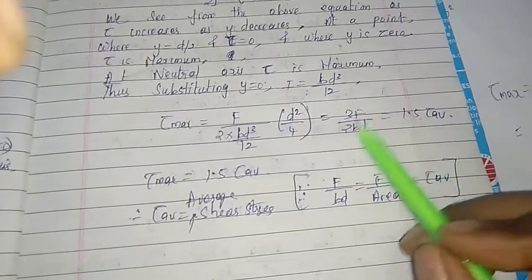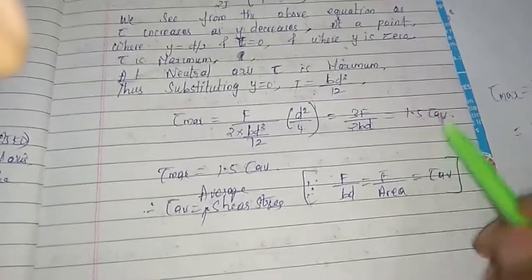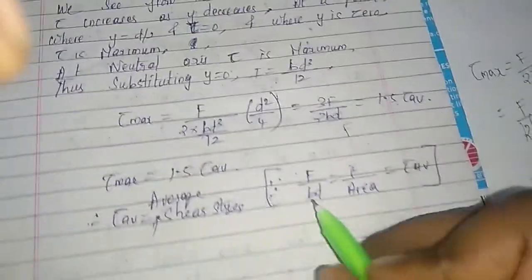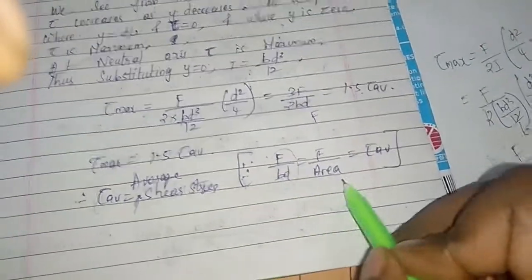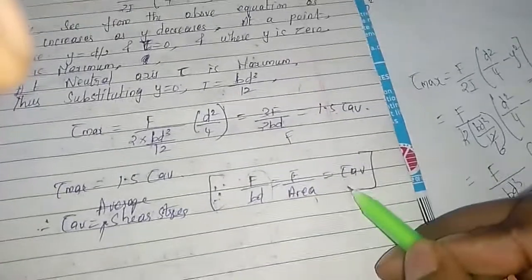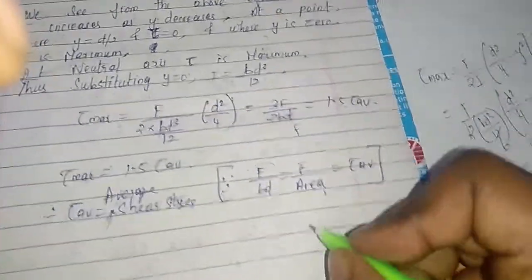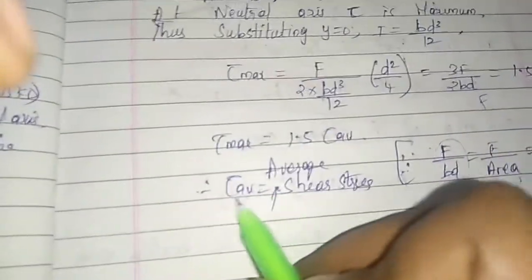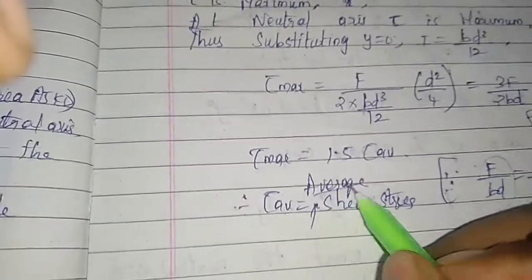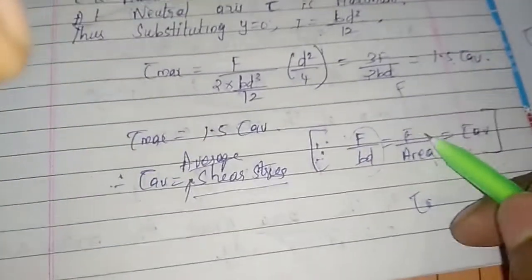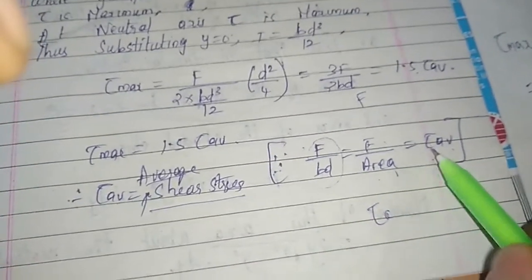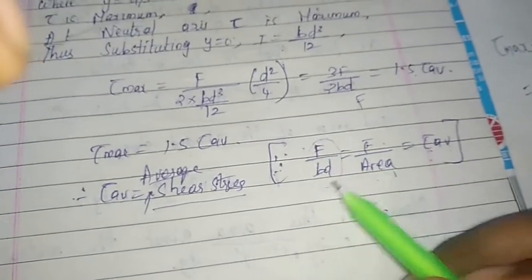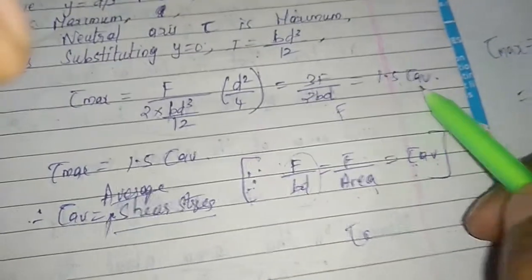Tau AB is nothing but F by bd. Force by bd is force by area, which is nothing but average shear stress. So force by area is stress, right? So F by bd is average shear stress.